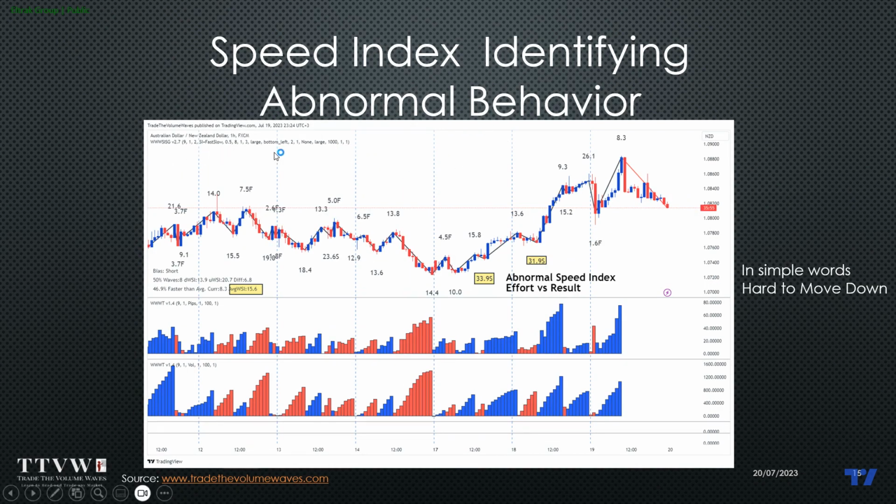That's another abnormal behavior. The average speed index is 15.6. We are coming down, and then we started going up with this up volume wave. The next down wave has a 33.9. That's an enormous speed index compared to the recent previous ones. And then we start going up.